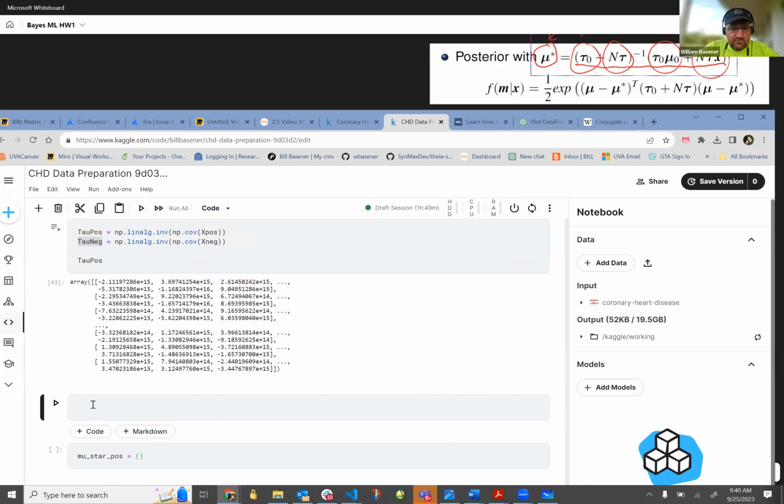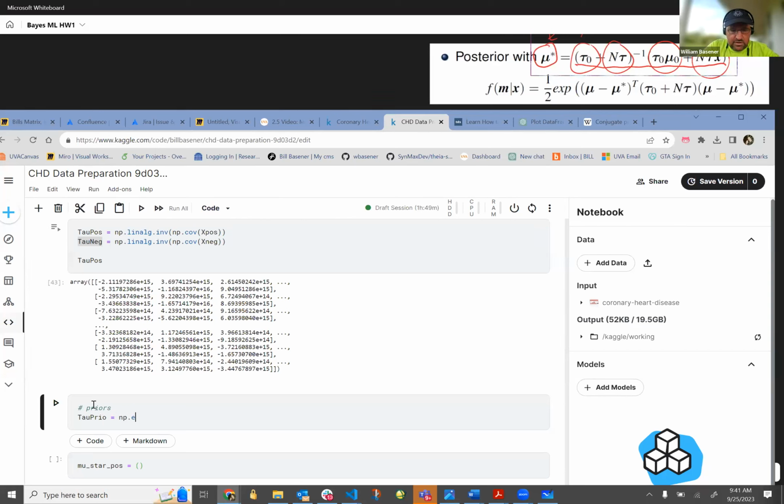We didn't make variables for the priors. So here's a prior tau. I'm going to call it tau prior just to be clear about what it is. It's called tau naught in the notation, and it's an identity matrix.